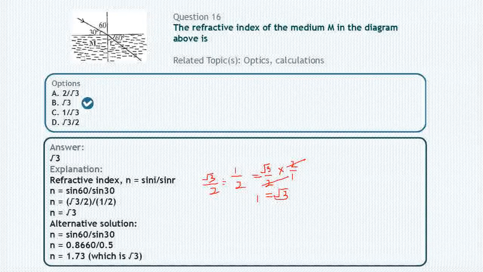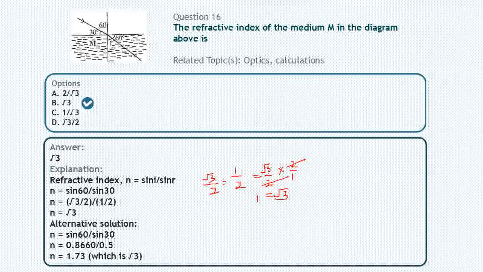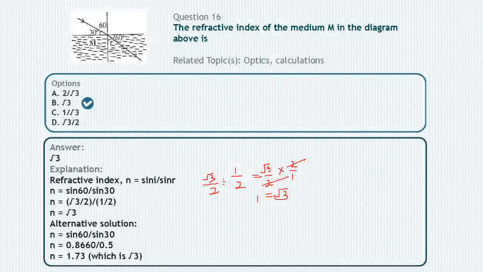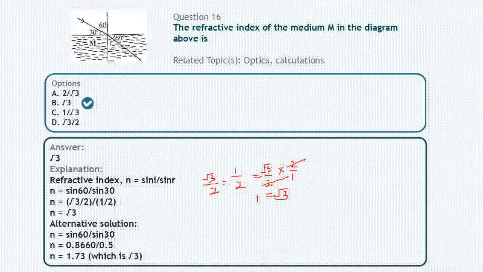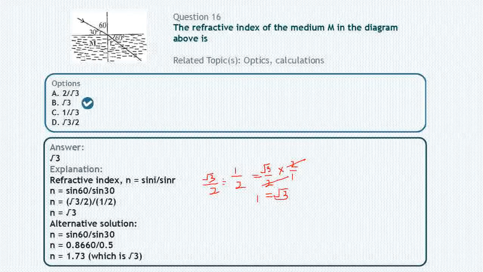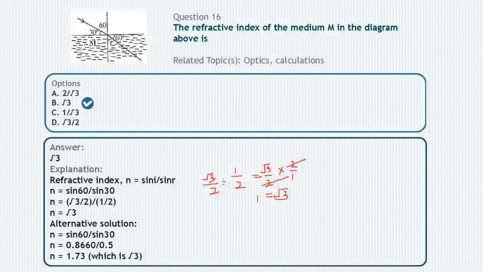and sine 60 degrees is root 3 over 2 in short form. It is root 3 over 2 divided by sine 30, which is 1 over 2. Now I want to write this out so that you can see how the division was made to get this solution.